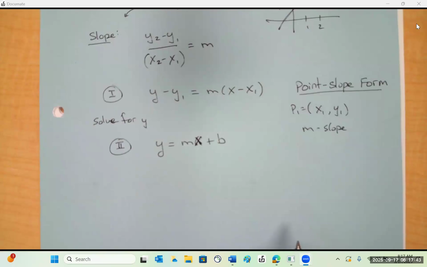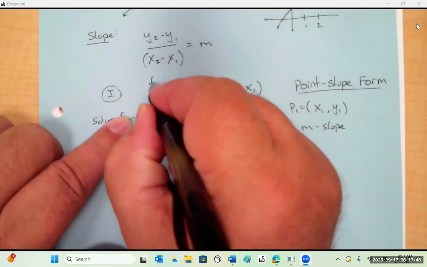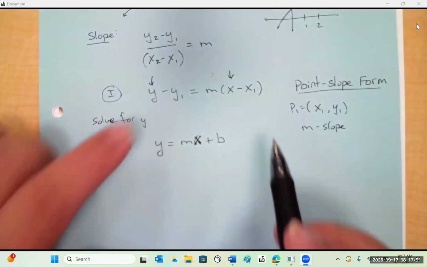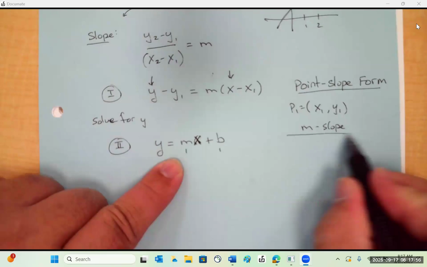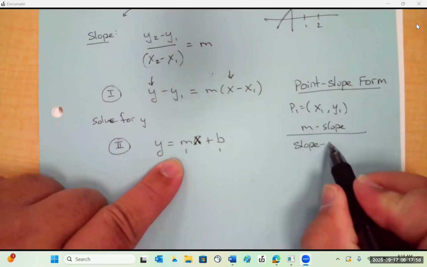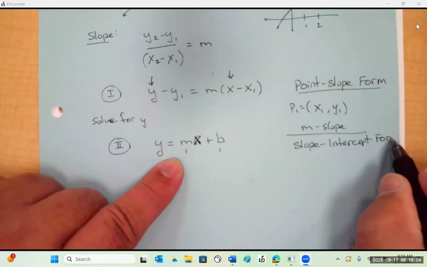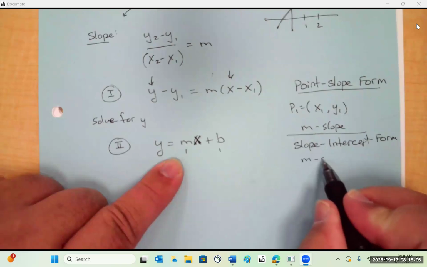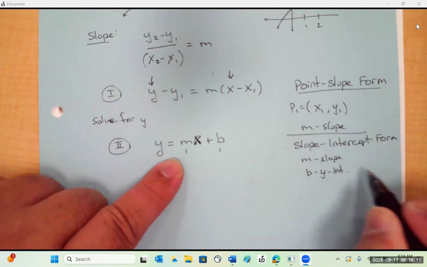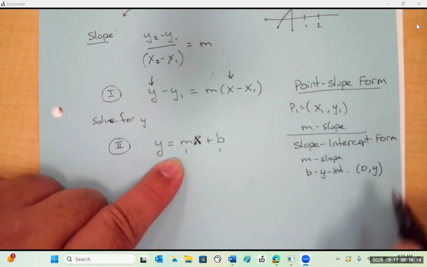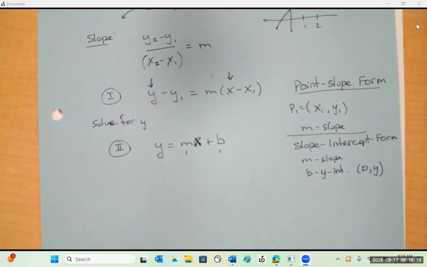Think about what we have in there. Notice we never talk about there has to be an x and a y in every equation. Yep, because we have a slope and we have a y-intercept. So this one's called the slope intercept form. We have the slope and we have the y-intercept, which is 0, y. That's our second equation.